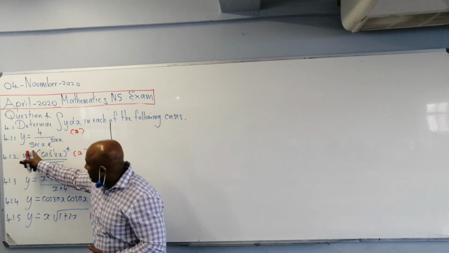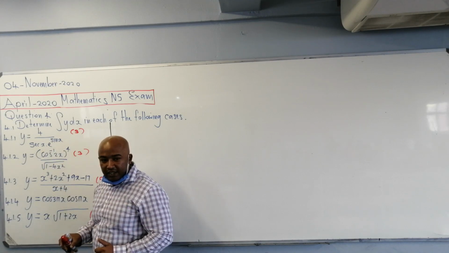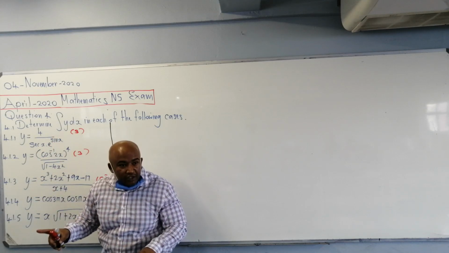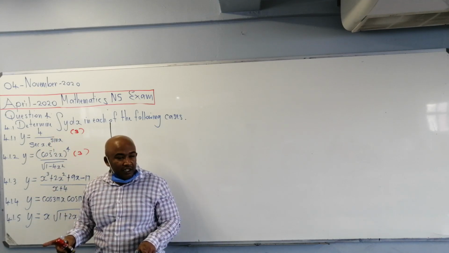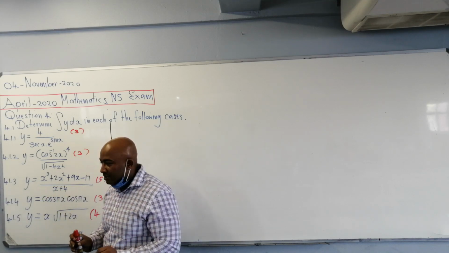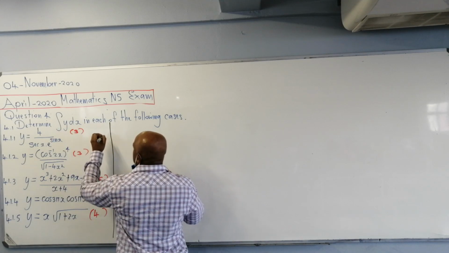This question has y equal to 4 over sec x times e to the power sine x. But the question says determine the integral. That means you need to put in your integration sign there. Many of you, when I'm marking your papers, you're just writing down the y. So be careful. It is determine the integral of y dx.